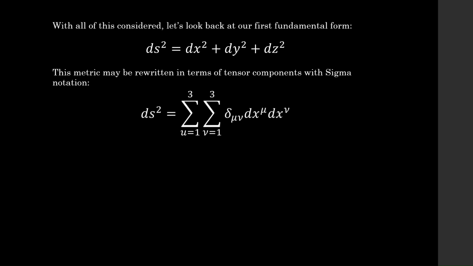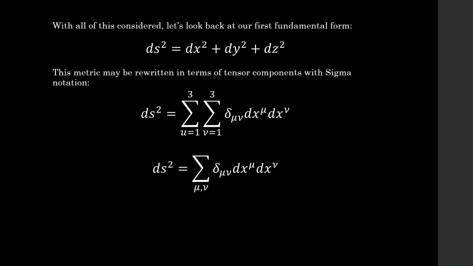So ds squared is equal to the discrete sum as mu ranges from 1 to 3 and as nu ranges from 1 to 3 of delta mu nu times dx upper mu times dx upper nu. We can combine these two discrete sums into a single sum over all mu and nu since we know what dimension we're working in. This is R3.